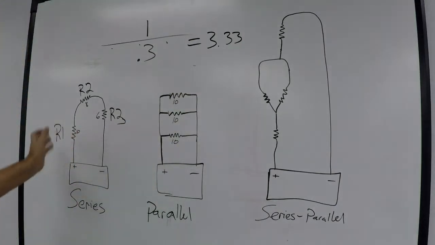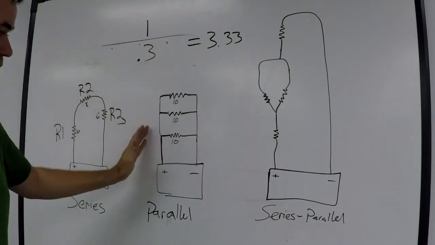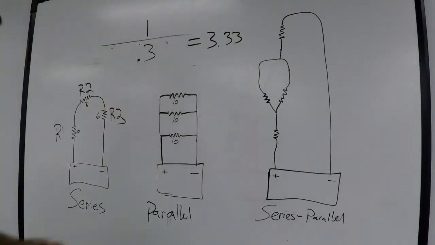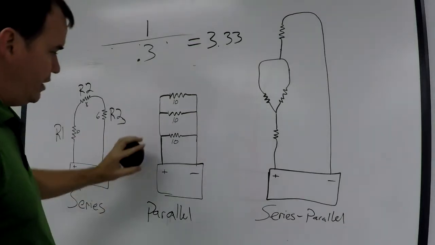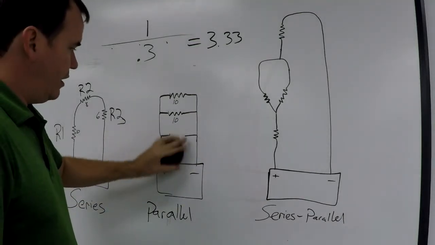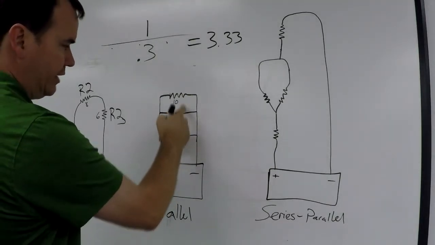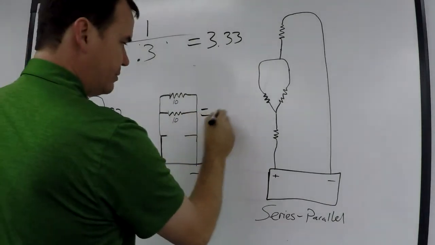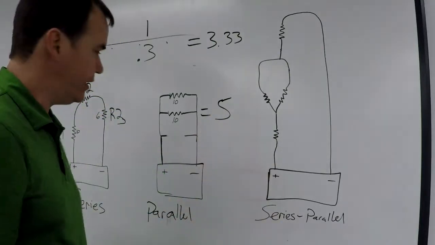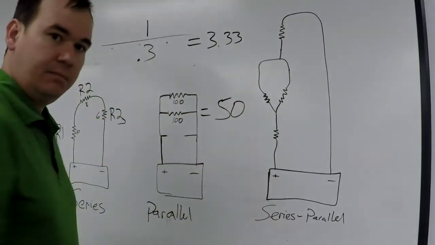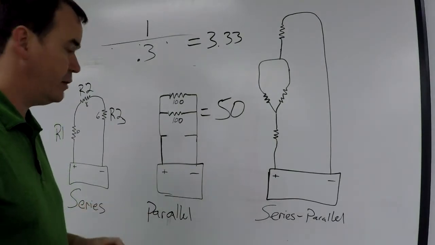So you can see the difference: in series you add them; in parallel, you would have to use the big formula. Now, there are a couple little tricks. If you have only 2 resistors in a circuit that are equal, like 2 10s, it's going to be 5. It's always half of what it is. If I had 2 of them that were 100, it would be 50. All right, that's just a given.